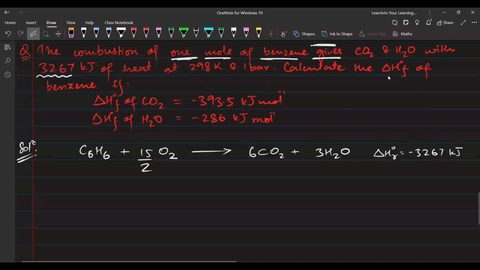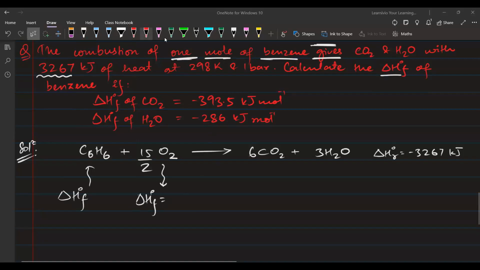Now they are asking to calculate the enthalpy of formation, and they have given certain data. For example, CO2 and H2O. That means, see, for benzene we can say that this is delta H naught formation we have to calculate. For oxygen, what will be the delta H F naught? Tell me, guys. For O2, it will be equal to how much?